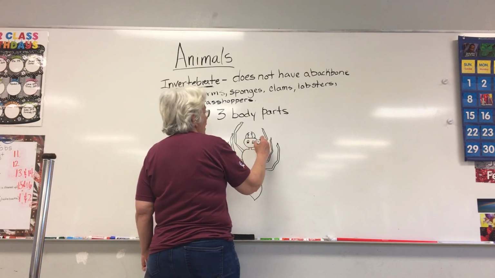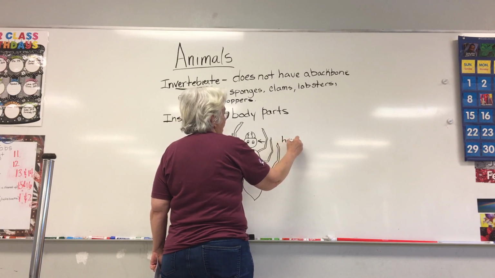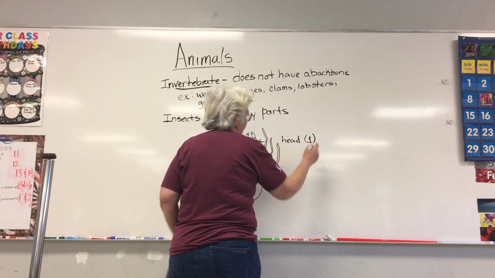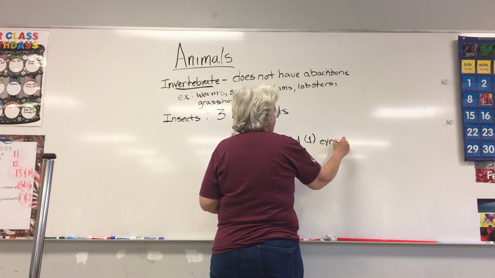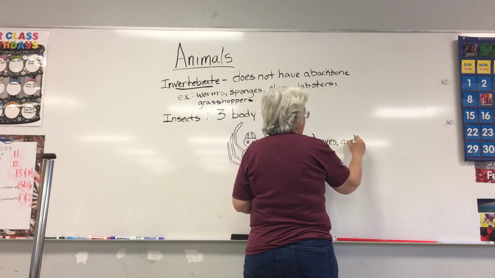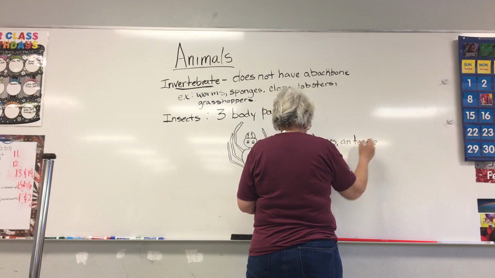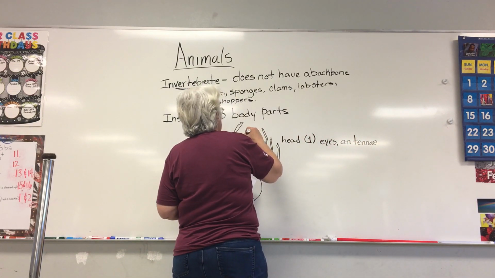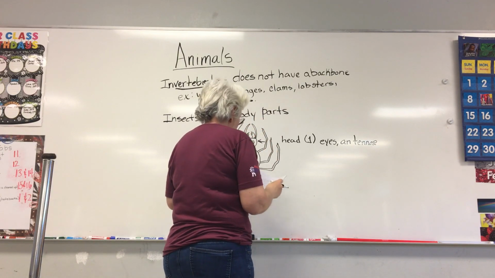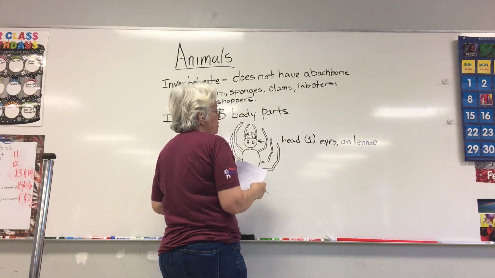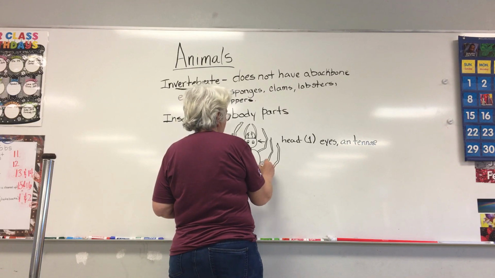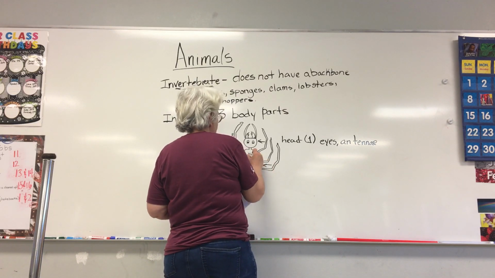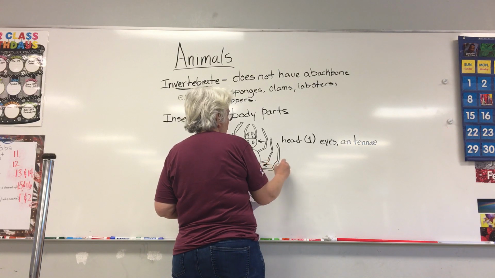But this is his head, and that's the first body part. It includes his eyes and his antennae, the little things that come off the top of his head. The second part is this part right here, and that's his thorax.